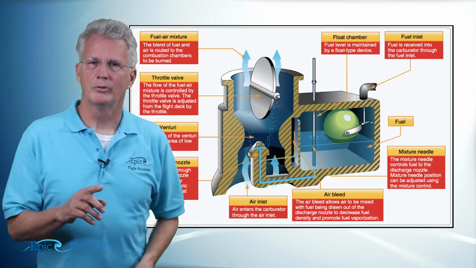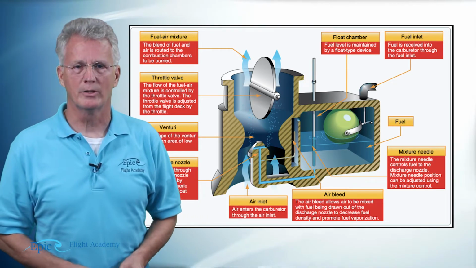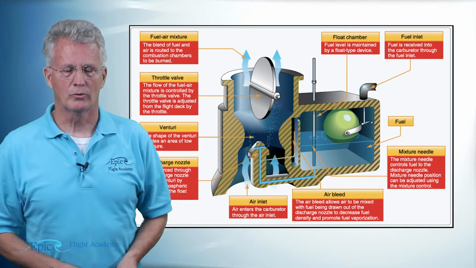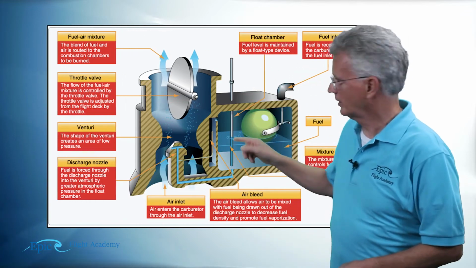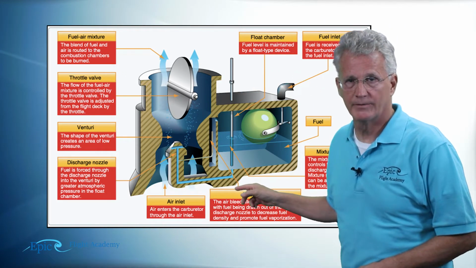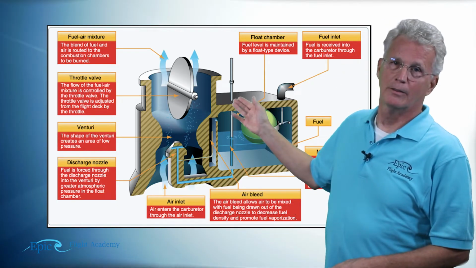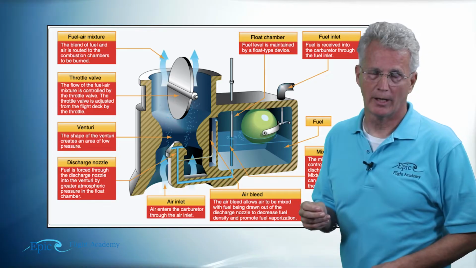The amount of fuel that is allowed into that discharge nozzle is controlled by this needle valve. Look at this long, thin needle valve. That needle valve is controlled by, you guessed it, that red mixture knob.